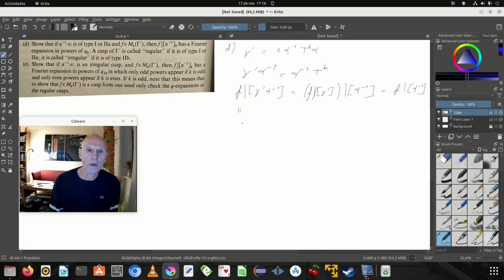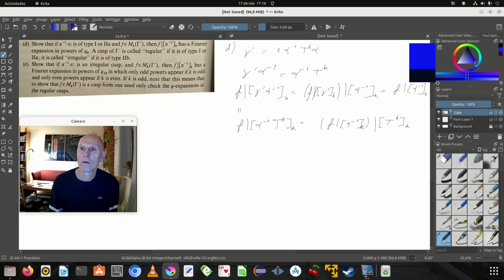And we go to the other side. And it's all k. There we go. That means we have a function, and when we operate on it with T to h, it's invariant.